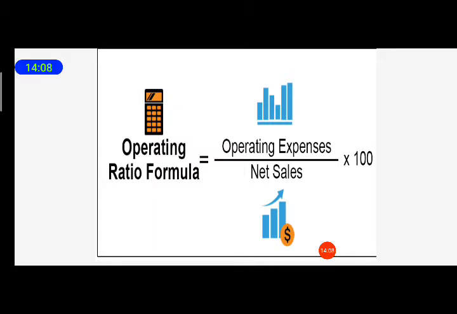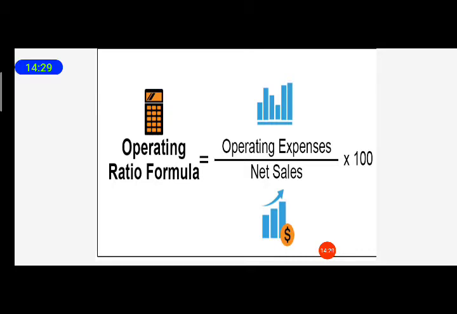The operating ratio shows the percentage of net sales that is the cost of goods sold and operating expenses. This is a test of the efficiency of the management of the operations.